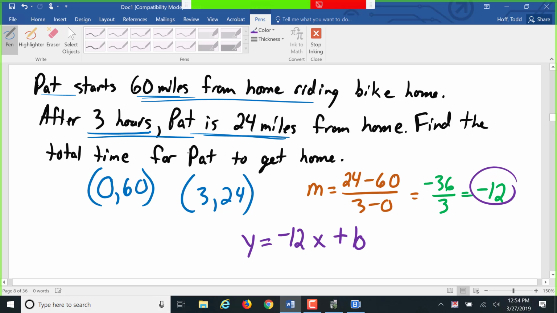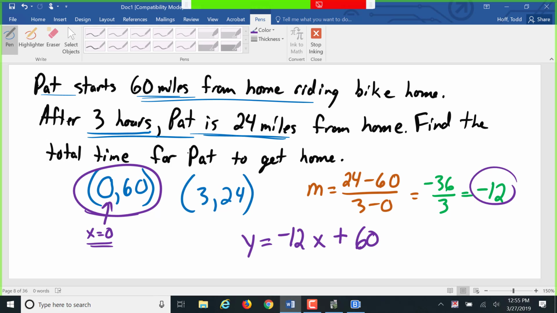Normally we'd do plus b and we'd take one of the points and put it in there to find b, but in this case the y-intercept has to be what? 60, perfect. This is 0, 60. When the x coordinate equals 0, that's the definition of the y-intercept. So the y-intercept is at 0, 60, or the y-coordinate of 60. So y equals negative 12x plus 60.